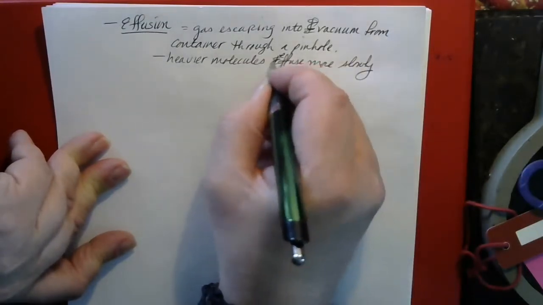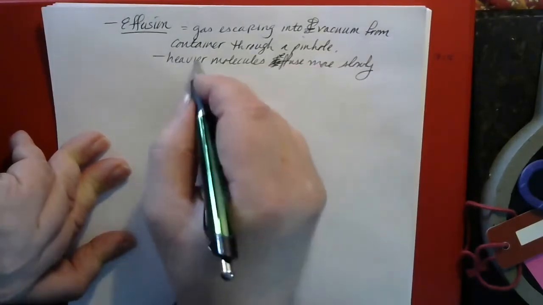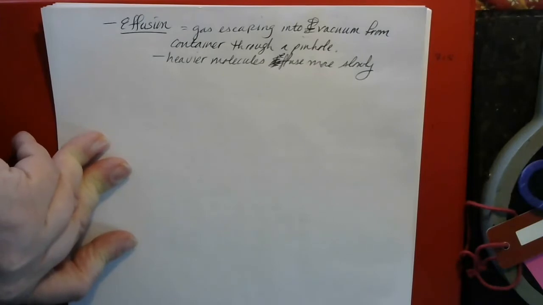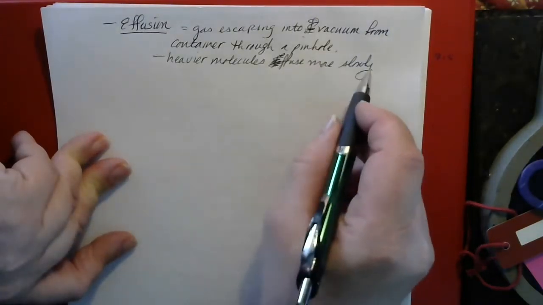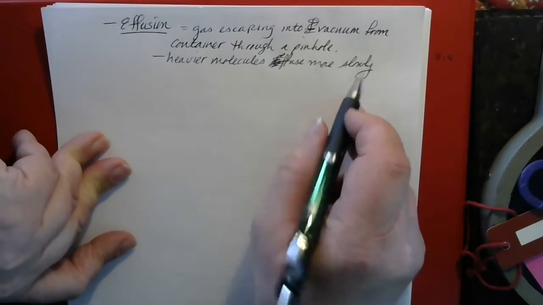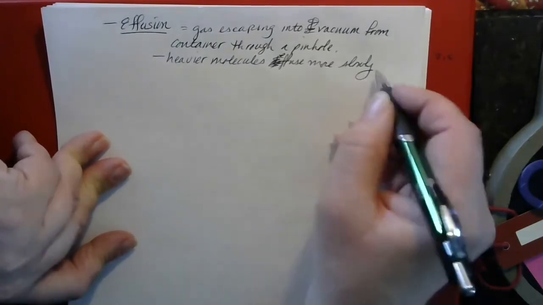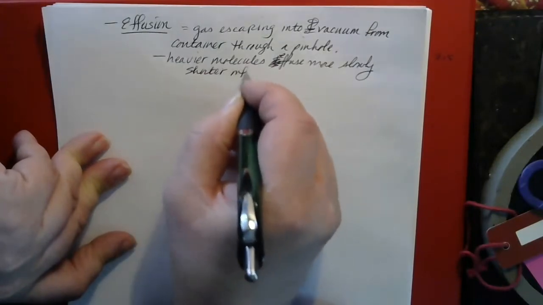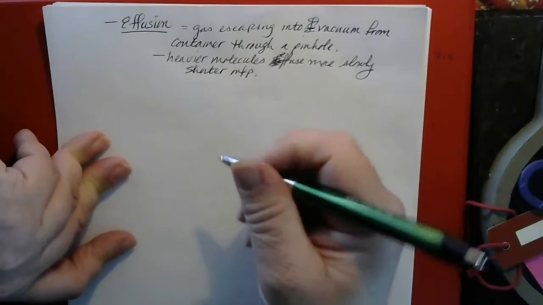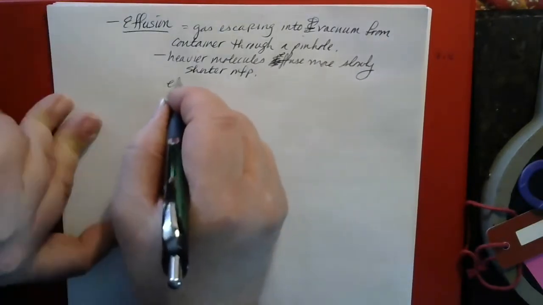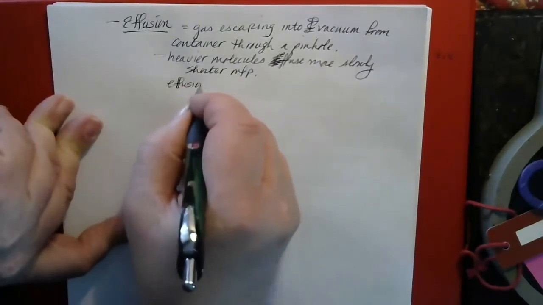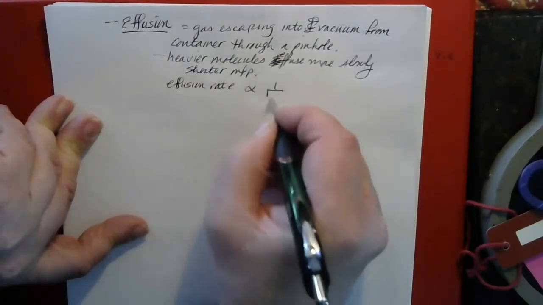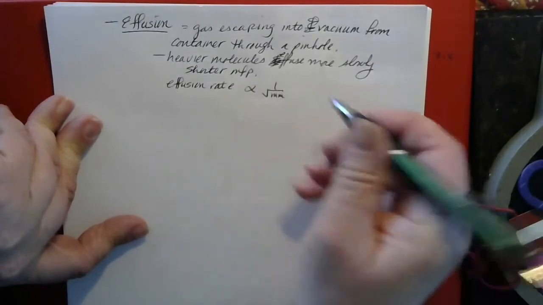And the heavier molecules in a sample, if you have a mixture of gases, the heavier molecules will effuse more slowly because they have a shorter mean free path. And also they're moving more slowly. And the effusion rate will be proportional to 1 over the square root of the molar mass.